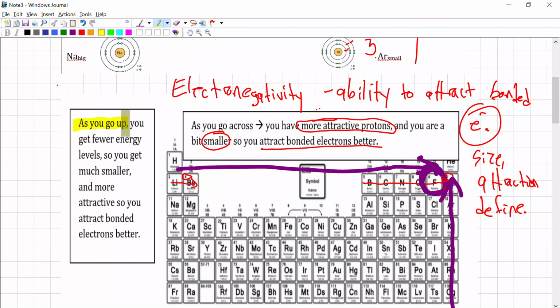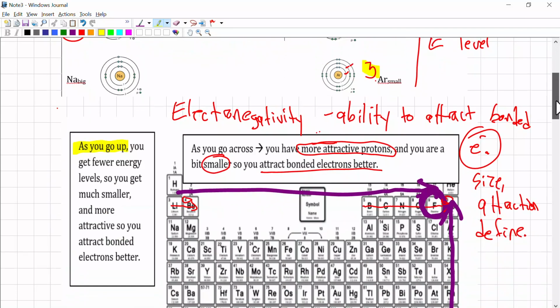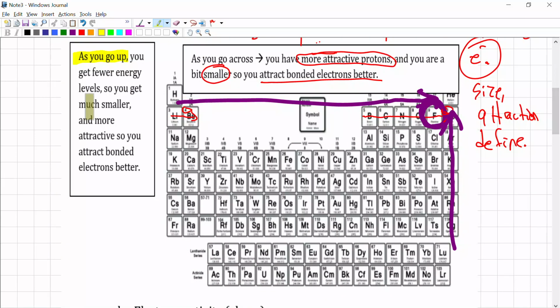If you go up, you get fewer energy levels. As you go up, you get fewer energy levels. Do you see how I have 3, then 2, then 1? And that makes it a lot smaller, okay? So you get much smaller. So if you're much smaller, you're also more attractive. Just being closer to someone makes you more attractive to them. Believe it or not, that works. So you attract bonded electrons better, okay?